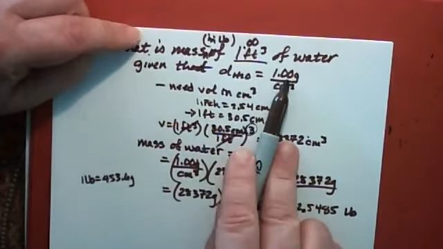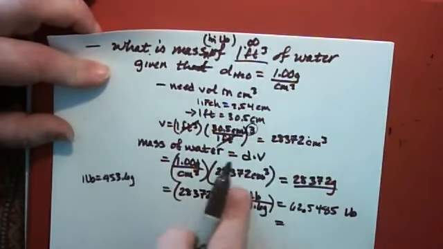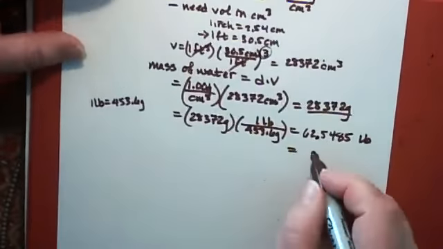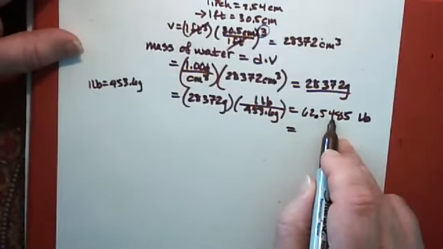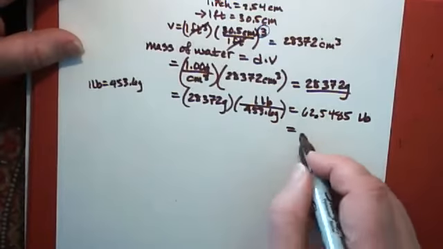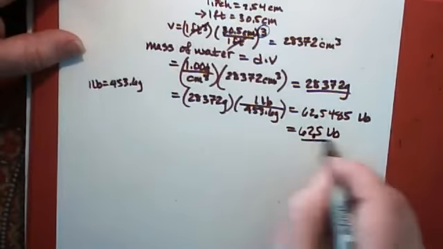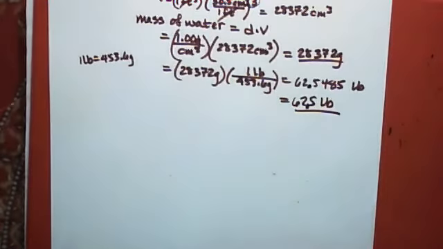We have 3 significant figures here, and nothing else that's less than that I see. So it looks like 3 it is. 62.5, the next number is a 4, so it has no effect on the numbers we're keeping. So 62.5 pounds would be the mass of 1 cubic foot of water.